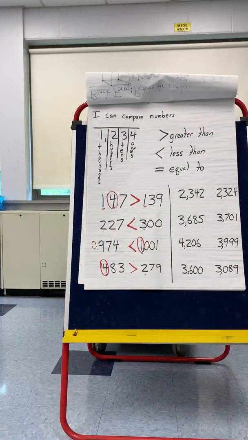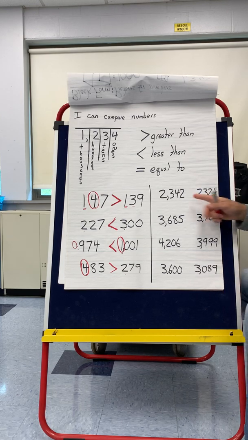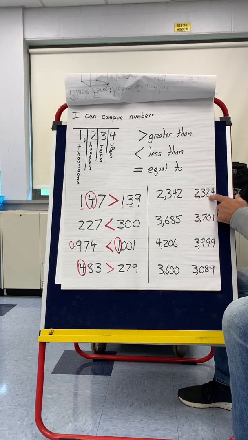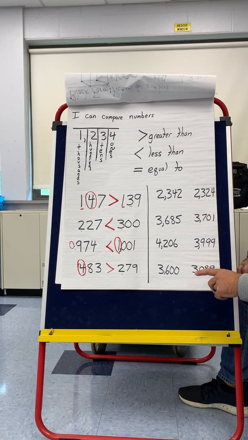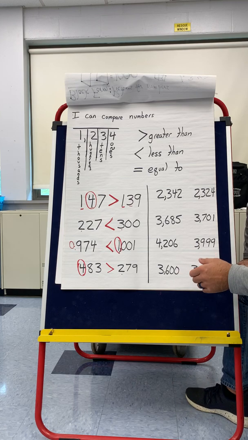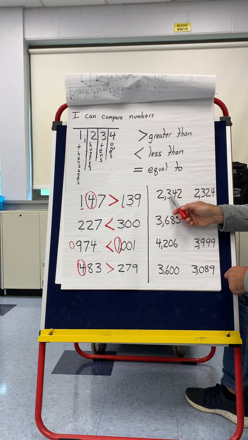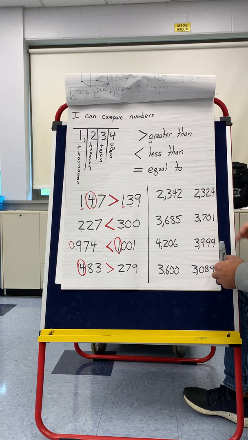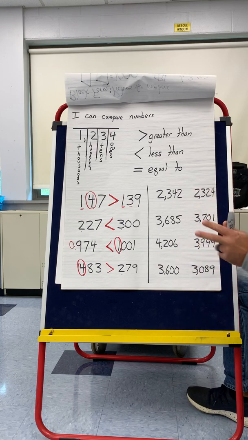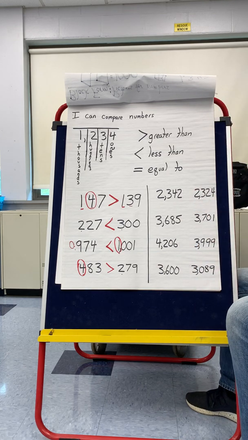So I have 2,342 or 2,324. Let me show you something. This is the way a lot of times they're going to try to trick you on a test, okay? So they'll have a lot of the numbers. See, it's a 2, a 3, a 4, and a 2, a 2, a 3, a 2, and a 4. So they try to just switch one number around just to try to mess you up. So don't let it though.